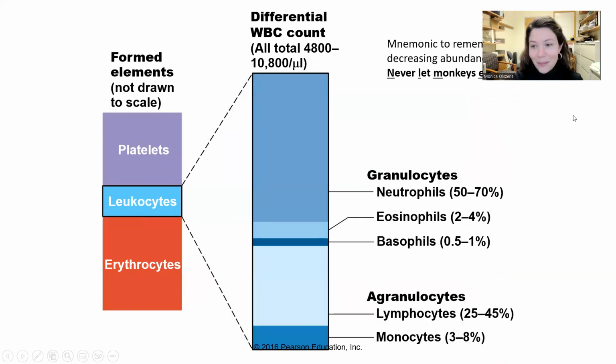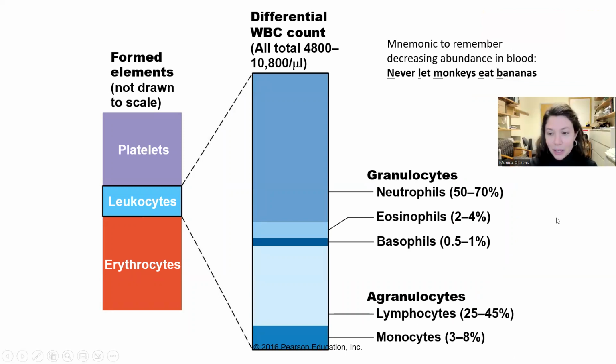Okay, so just to sum up, this one's helpful, especially if you're sort of interested in nursing or pre-med or anything like that. If you're ever forced to memorize what percent of your blood is each immune cell, it's never let monkeys eat bananas. I feel like it's one of the easier ones to remember.